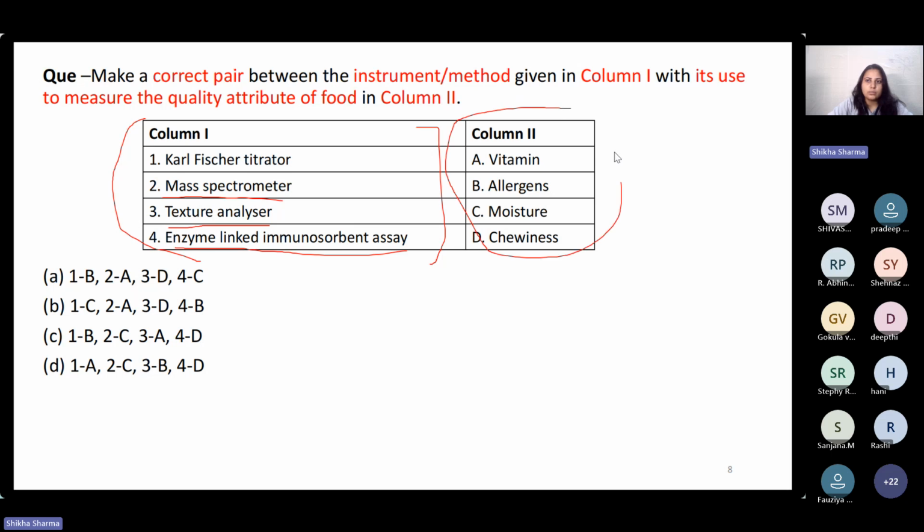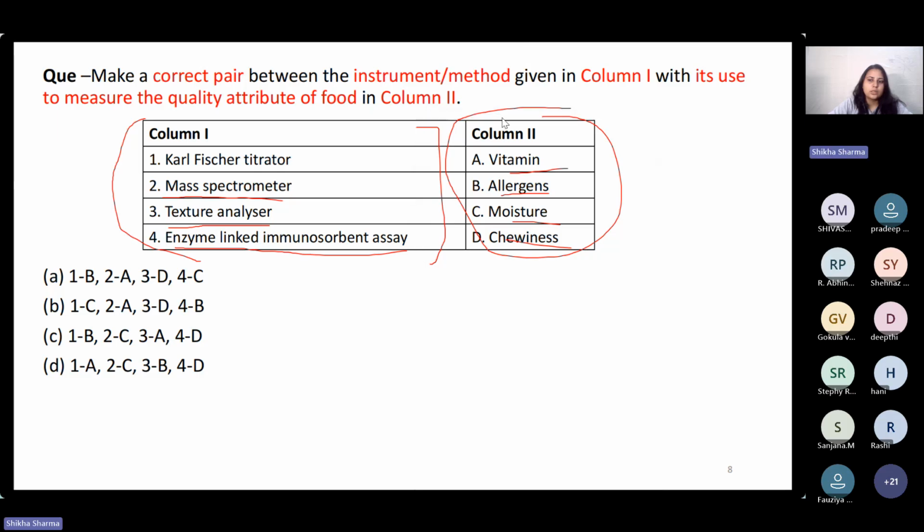And the second column has its use to measure the quality attributes of food: vitamins, allergens, moisture, and chewiness. So we need to match the different methods or instruments to the different quality attributes in the food which it measures.